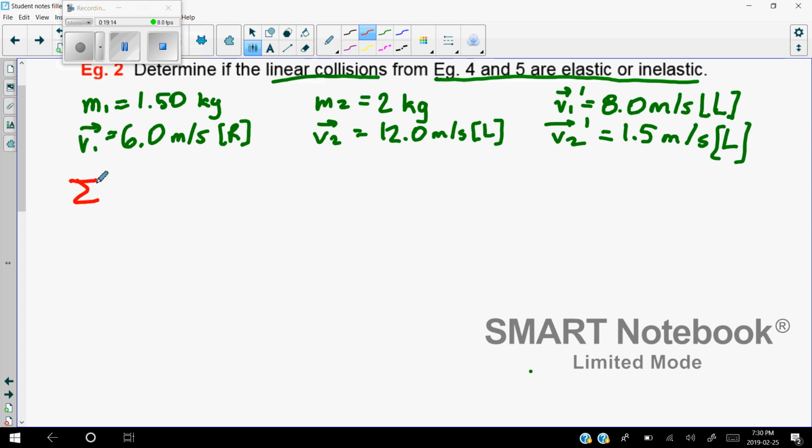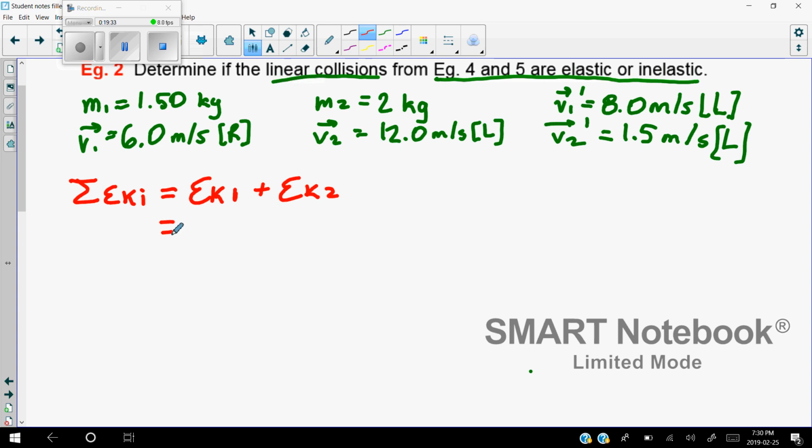So let's start with EKI. At the beginning, you have the kinetic energy of object 1 and the kinetic energy of object 2. Adding both of those together gives you the sum.